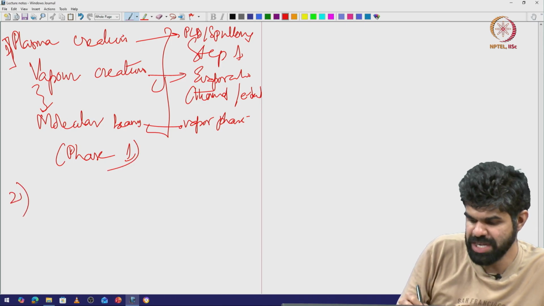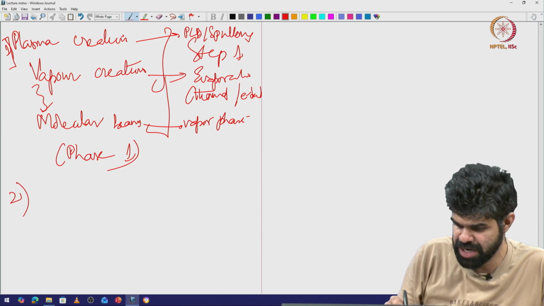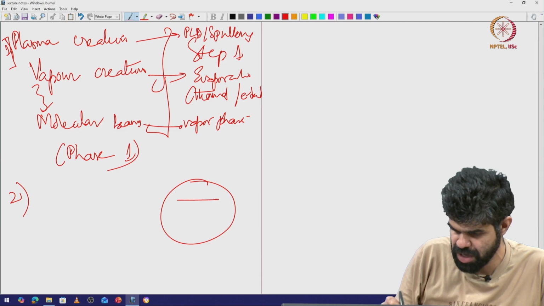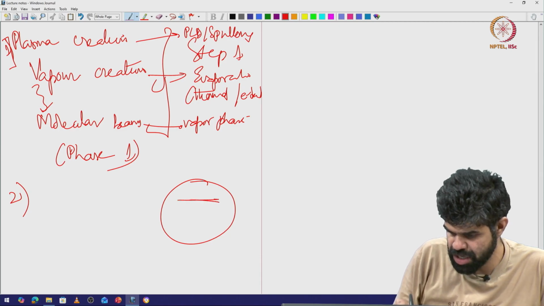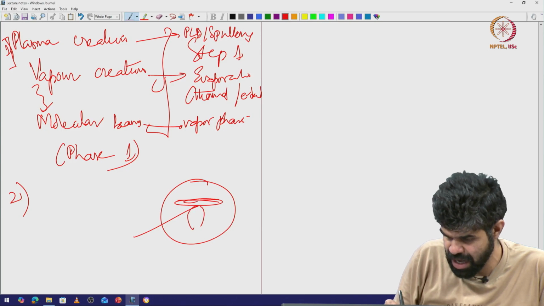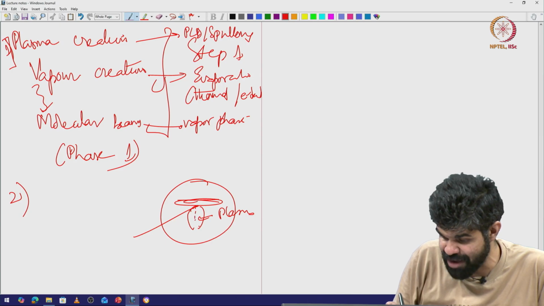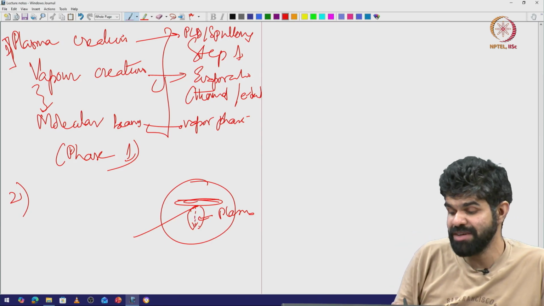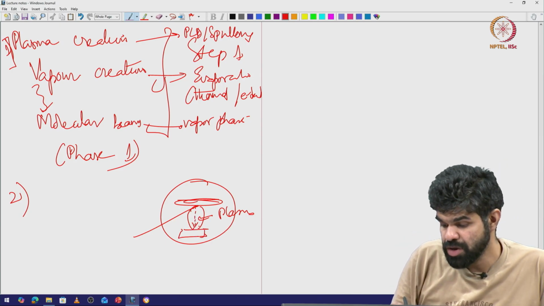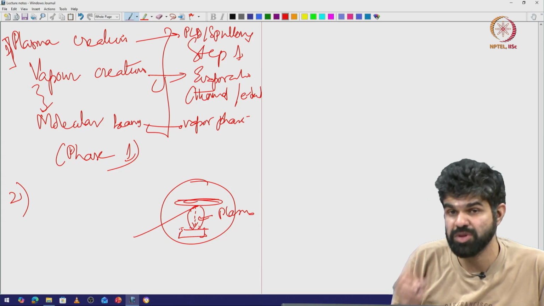Now step 2: once I have created this plasma, let us go back to the chamber. This is the target, I shoot the laser and then I have created the plasma, and this plasma then needs to travel in the direction where it needs to get deposited on the substrate.